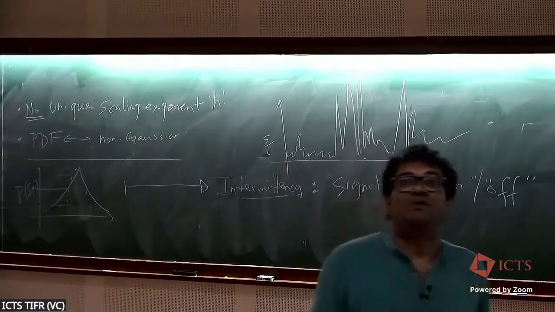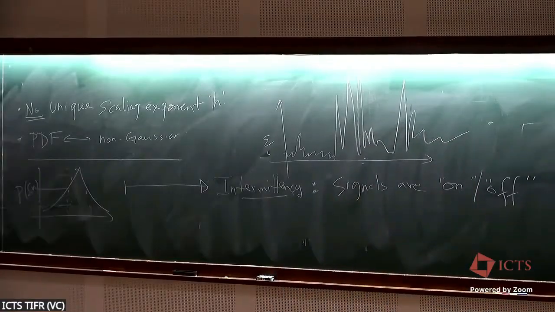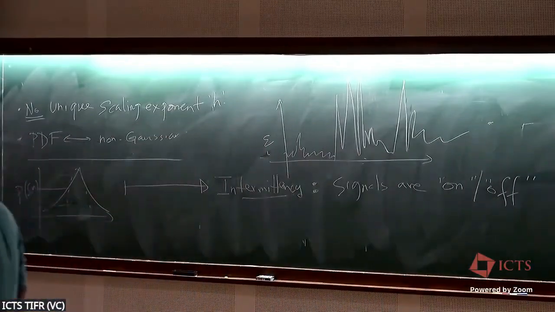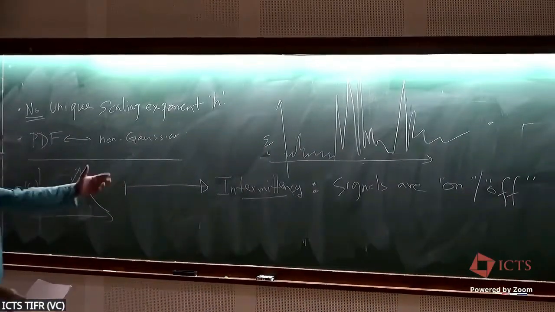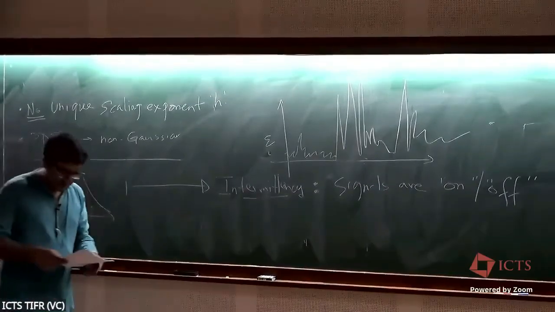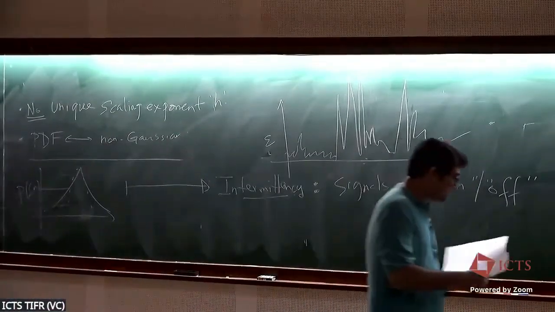So this epsilon seems to have this very rugged, very jagged behavior where there are long periods, or whatever long means, where nothing happens, then there are things which happen, then nothing happens, and there are things which happen. We will try to see how these two pictures are essentially compatible.